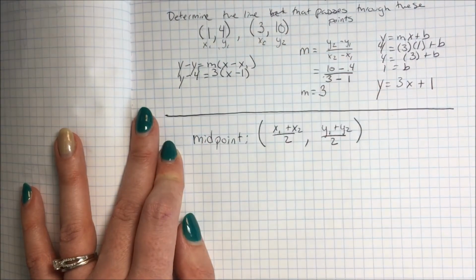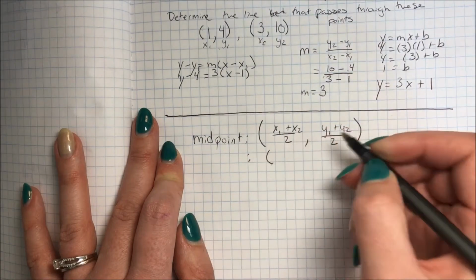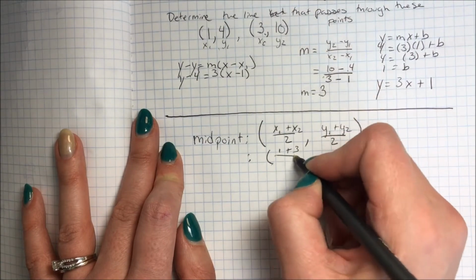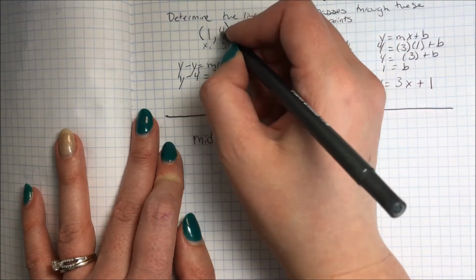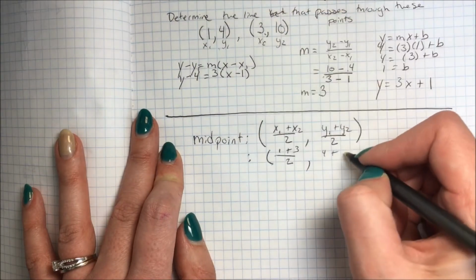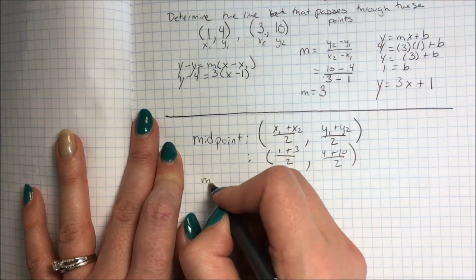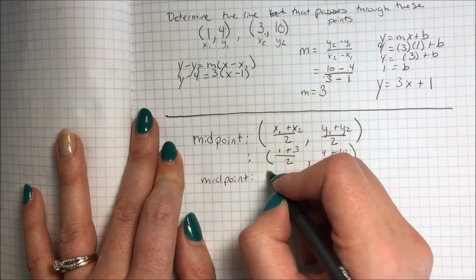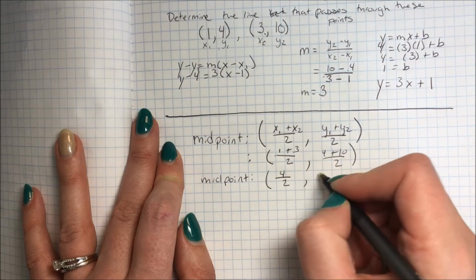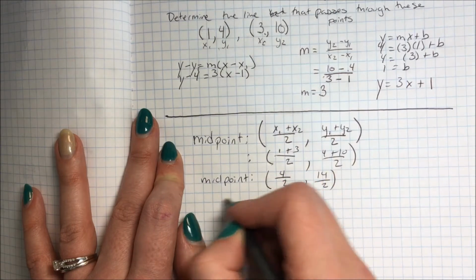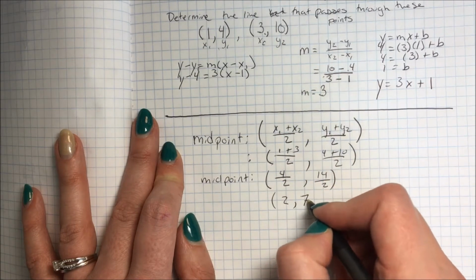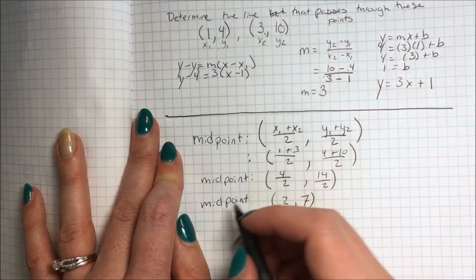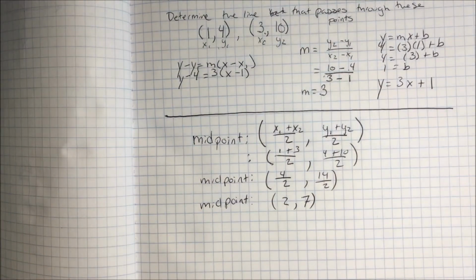So if I wanted to find the midpoint between these 2 points, I would just do x1 plus x2, divide that by 2, y1 plus y2, and divide that by 2. So my midpoint between those 2 points would just be 4 over 2, comma 14 over 2, or 2, comma 7. Okay, so that's how I'd find the midpoint between 2 points.